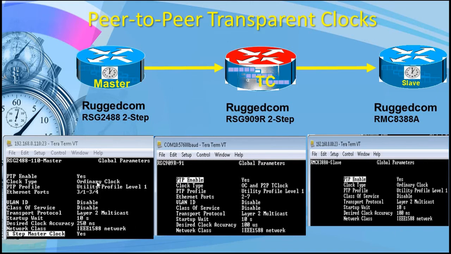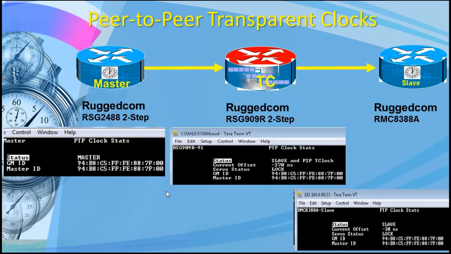We configure ordinary clock on both device number 1 and number 3, and we configure two-step peer-to-peer transparent clock on the second device. We use the utility profile for all the devices. After configuration, we can see the first device running as master, the second device running as transparent clock, and the third device running as slave.